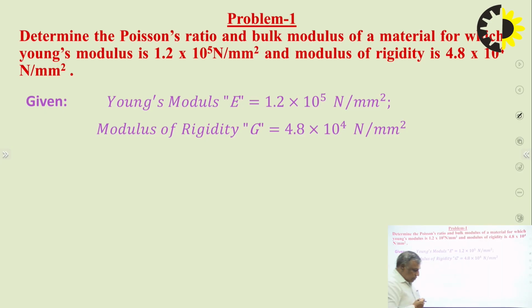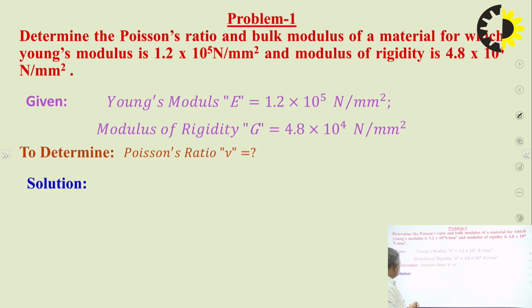We should use the relationship between modulus of elasticity and modulus of rigidity, that is E = 2G(1 + ν). In this equation, from the problem, E and G are given, so ν can easily be determined. To determine the Poisson ratio ν, the solution is very simple: E = 2G(1 + ν). What we need to find out is this ν.